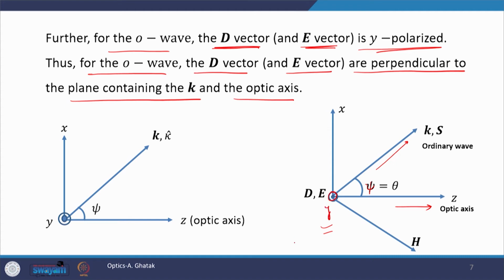They are perpendicular to the plane of this paper, and this plane of paper is made by the optic axis and the ordinary wave propagation vector. If the wave is an O wave, then we draw this figure. You see that H is along y, yeah, it is coming out of the paper.